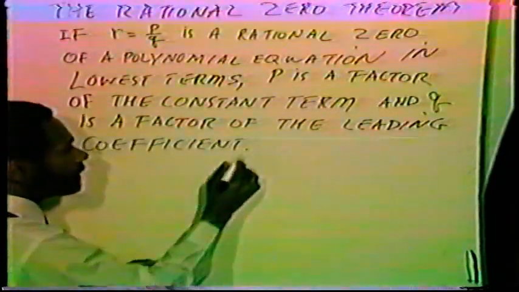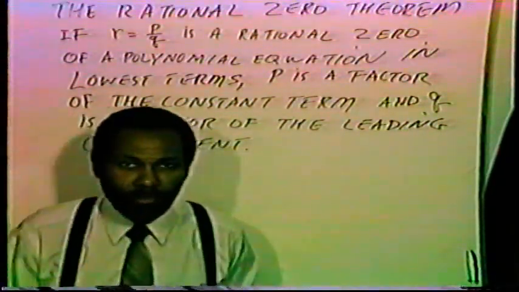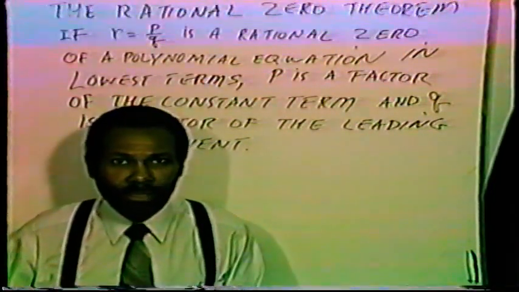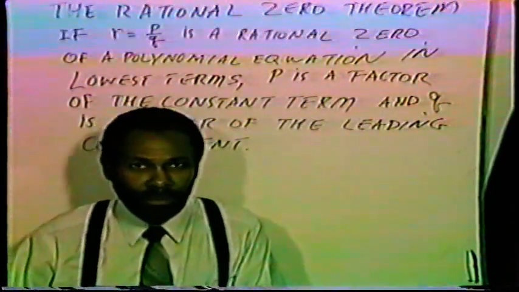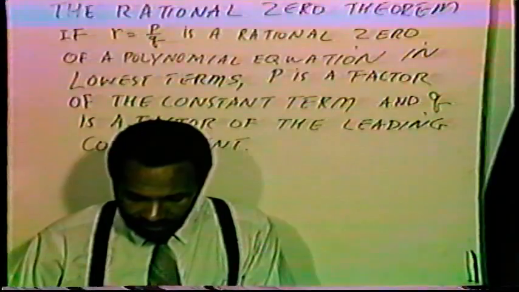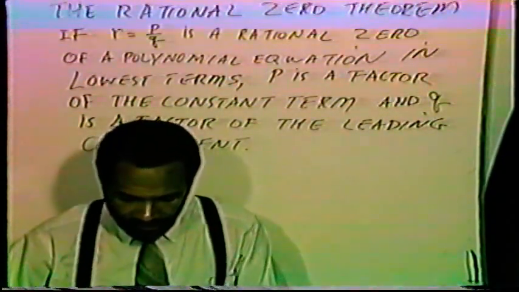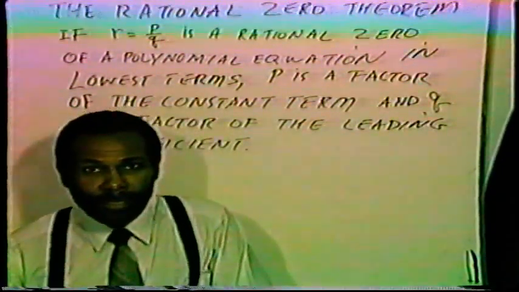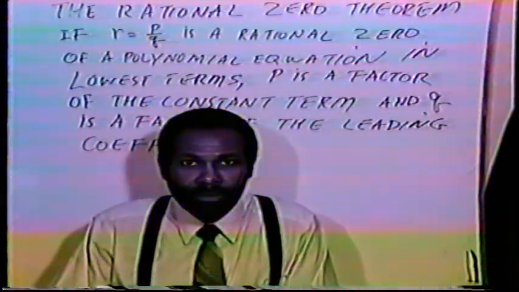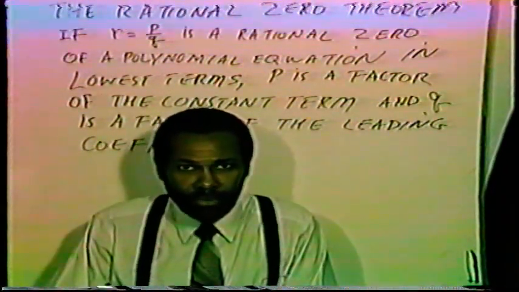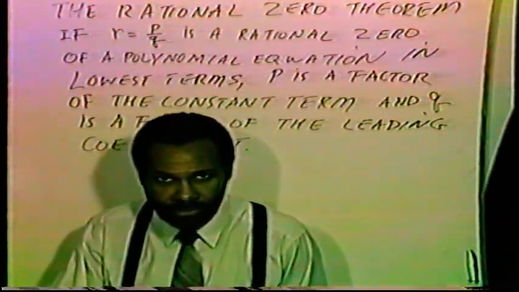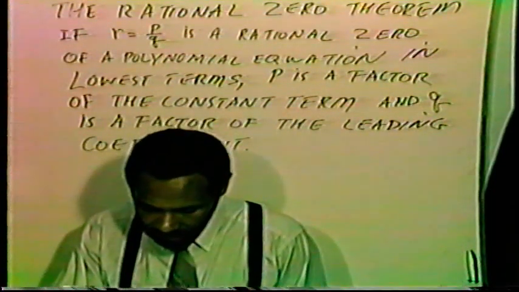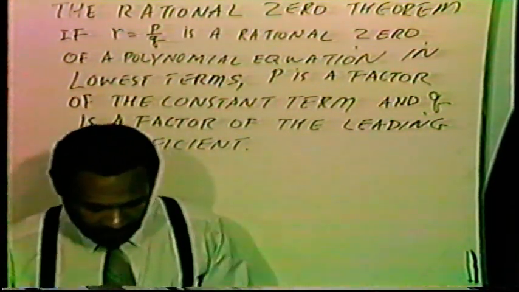And the leading coefficient is the coefficient of the first term in the polynomial equation. So this theorem gives you a way of finding all the possible rational roots of a polynomial function or polynomial equation. It's a very important theorem and a very helpful theorem.